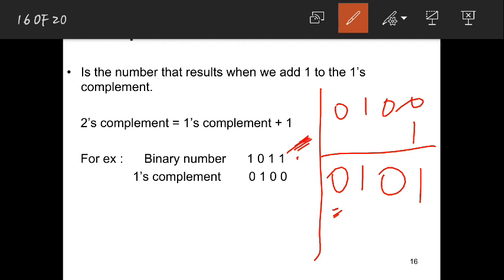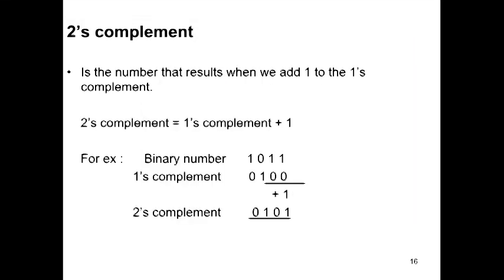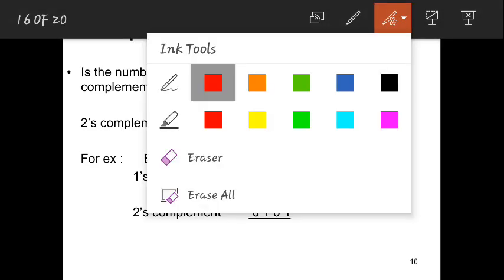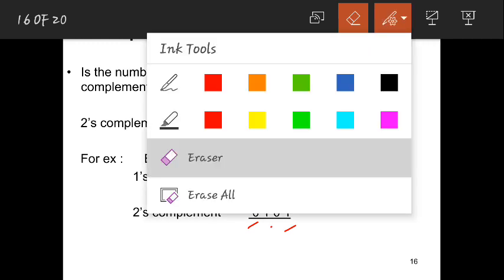So this is your 2's complement number, 0 1 0 1. What you have done is addition, you added 1 to this: 0 plus 1 is 1. If you don't have any numbers here, that means they are zeros. Don't get confused. After adding this 1 you got 0 1 0 1, and that is your 2's complement.